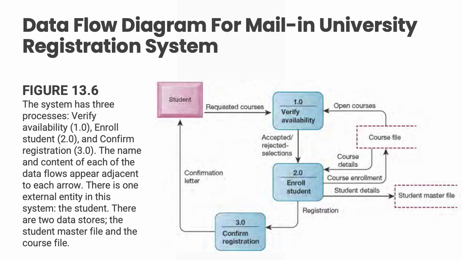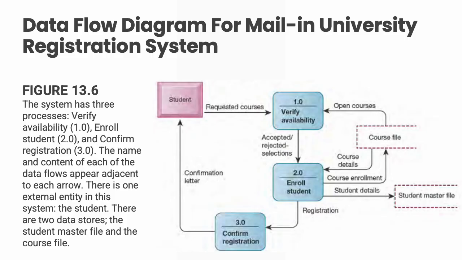So kind of signing up for classes by sending a form by email, not using a website. And the main goal of this diagram is to show the three big jobs, the processes, that the system has to do.